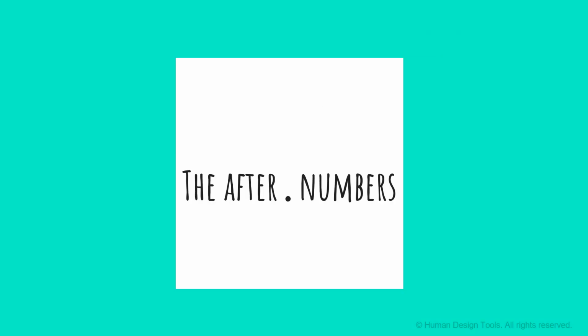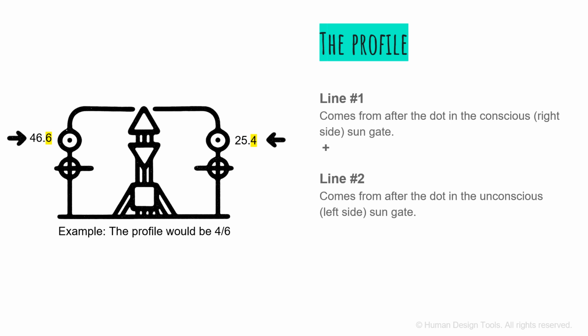And then after the decimal point, there's a number. And people ask, what the heck is that? The decimal points after the gate number are lines. And it's a little bit more advanced material. But the first one that you can look at is the sun gates, because that makes up your profile that shows up in your summary.